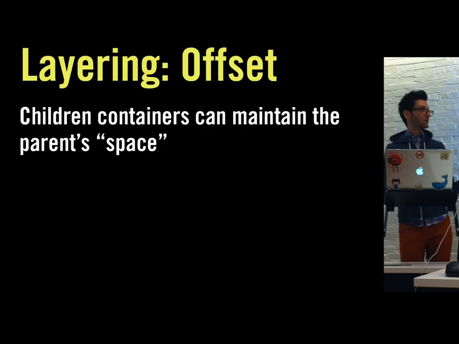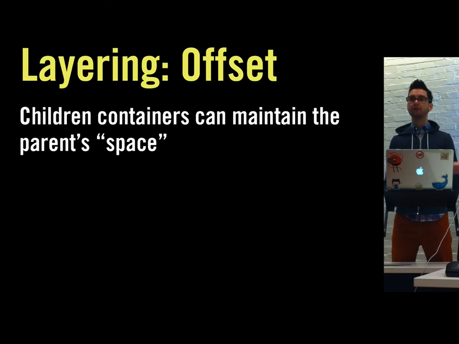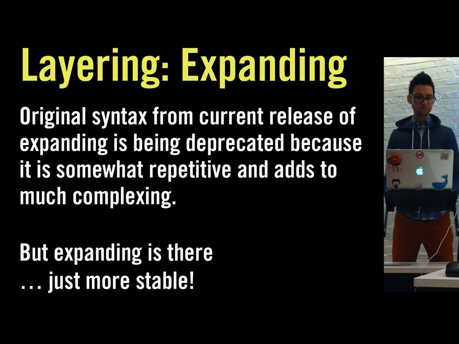One thing I'm going to skip over really quick is the layering and offset of the offset negative and positive for the children elements, because I'm going to get into that in expanding and also in gaps. But it has that capability.